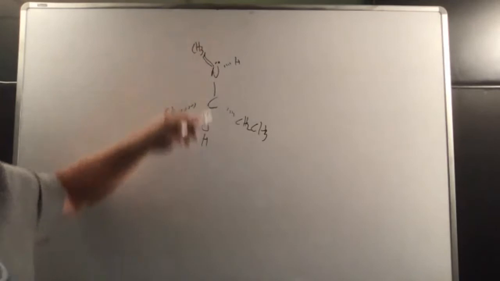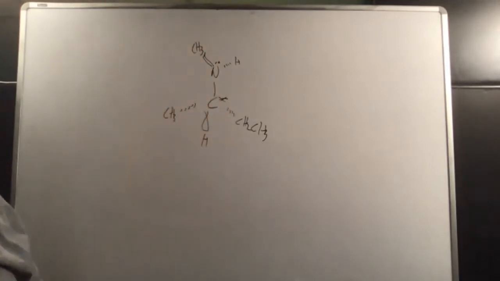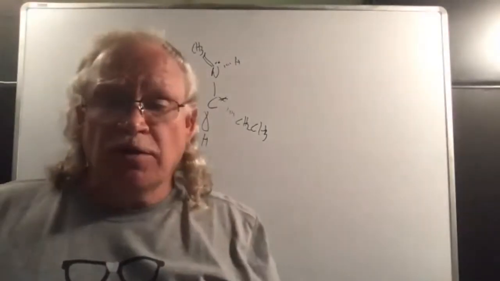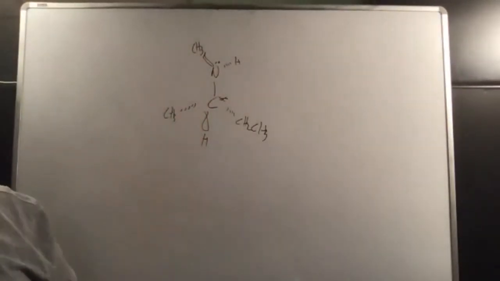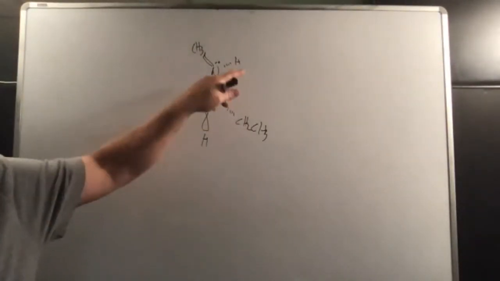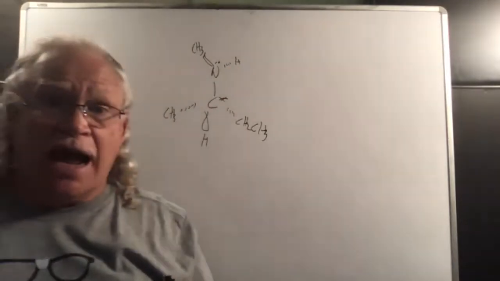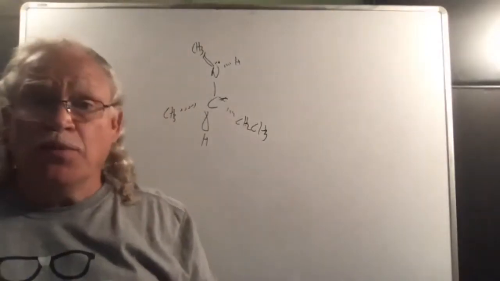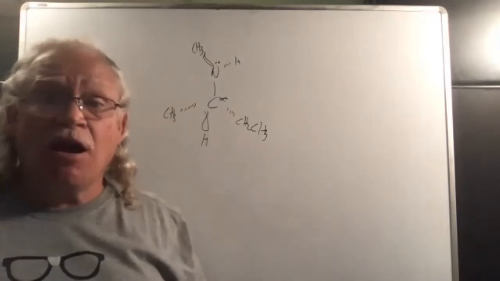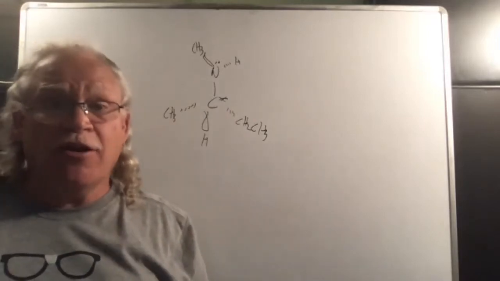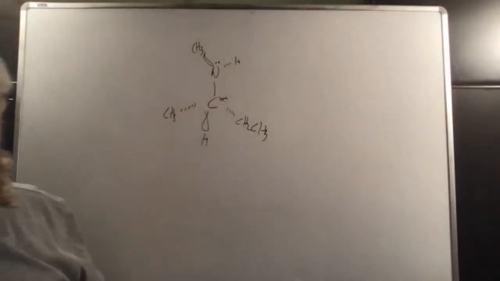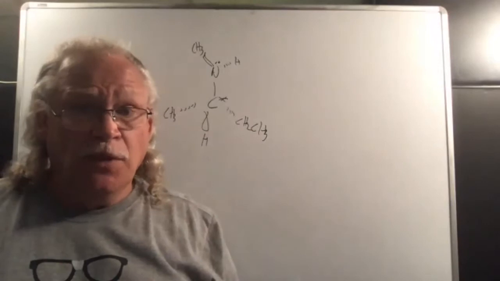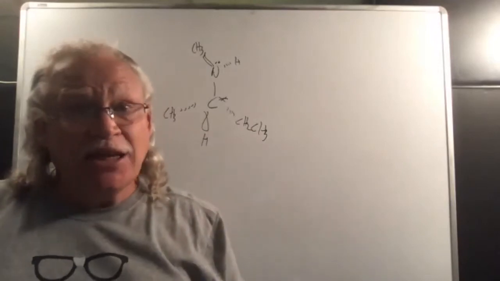The nitrogen is not chiral, but notice this carbon is still chiral. So when you're looking at the question, make sure you answer the question being asked. Not, is this compound chiral? The question you answered was, is the nitrogen chiral? Now, another way to put this question is, can this compound exist as 2 diastereomers? And notice it cannot, because there's only one chiral center in the compound, so it can exist as a set of enantiomers.